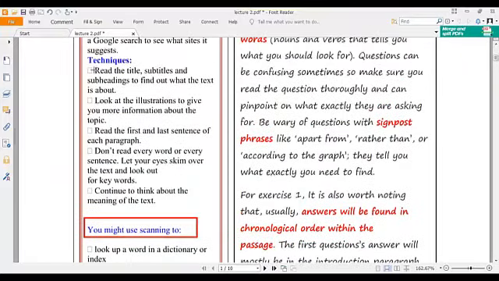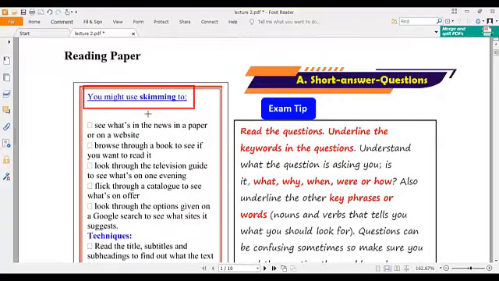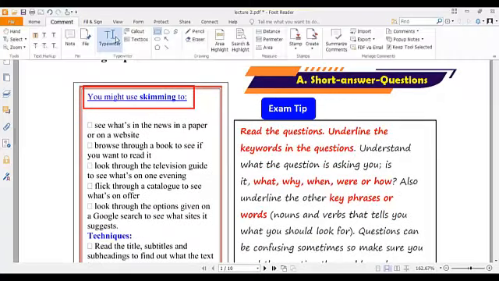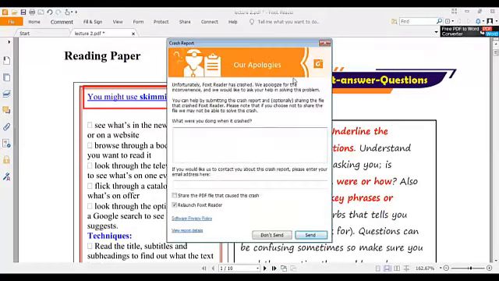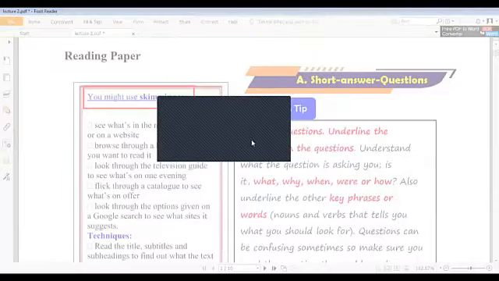What is the difference between both? As you know, who knows the difference between when I skim a text and when I scan a text? What is the difference? Okay, nobody is there.